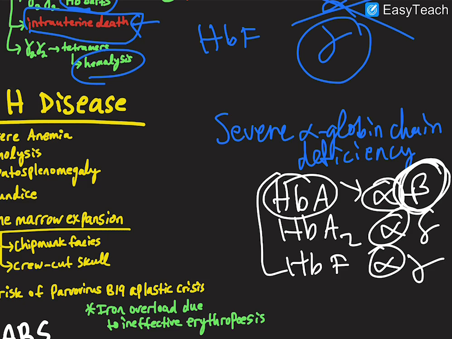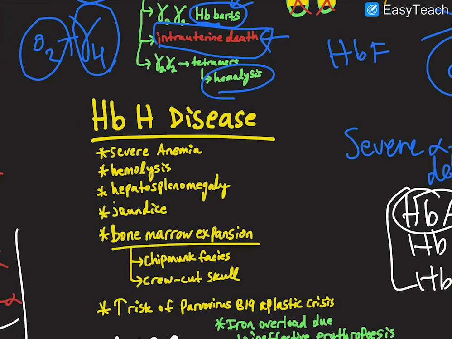So you have low alpha globin chains, which means you don't make adequate hemoglobin. Okay, if you don't make adequate hemoglobin, well, what does hemoglobin do? It delivers oxygen to your tissues. You don't have adequate hemoglobin, you get hypoxia, low delivery of oxygen to your tissues. All right, and we'll talk about this soon.